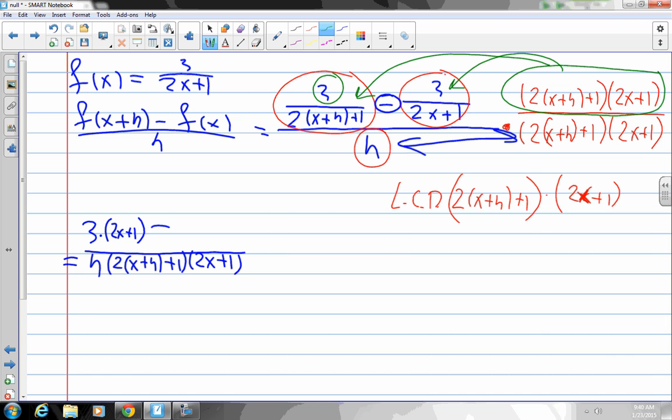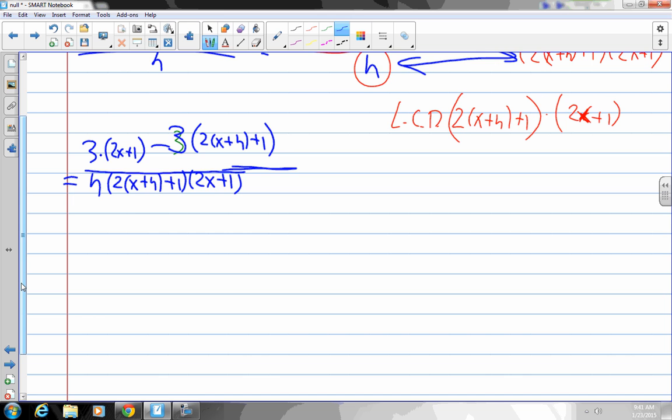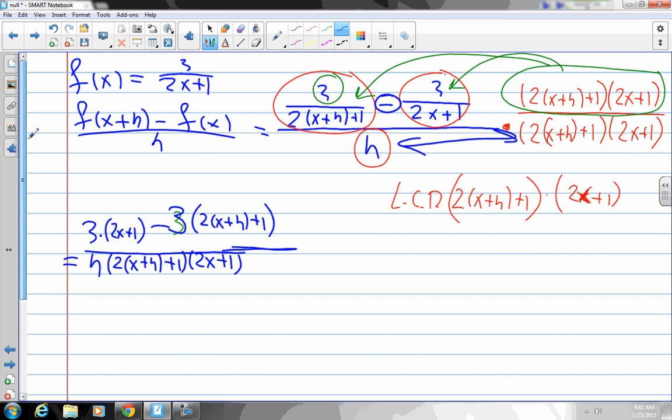Now 2x plus 1 cancels, and we're left with 3 times 2 times x plus h plus 1. So we don't have any messy denominators. Now we can just simplify until it all goes away.